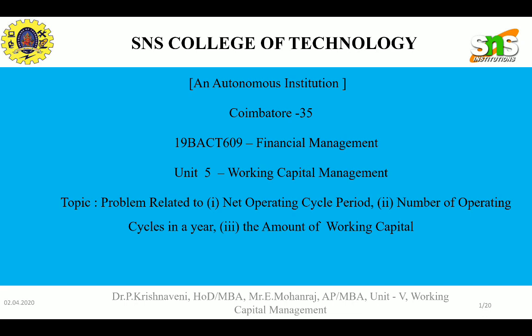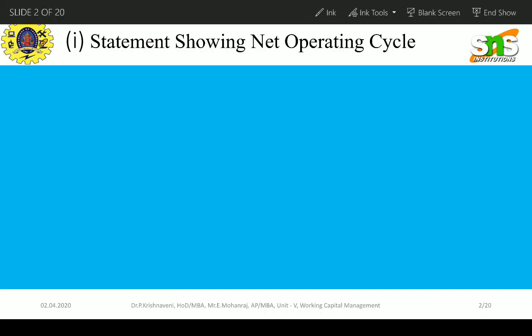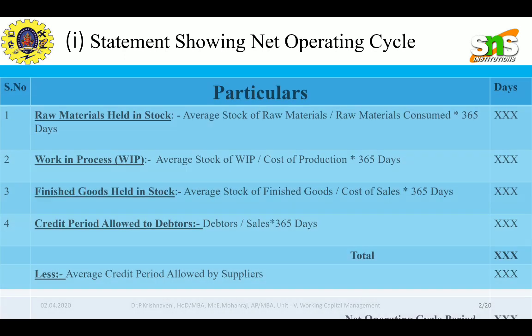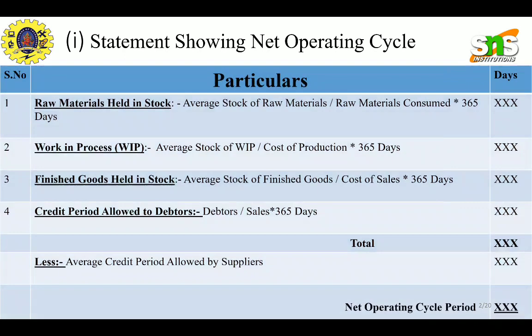We already discussed in problem number 3 how we can find the net operating cycle with the help of the statement showing net operating cycle. This is the thing we already discussed in the previous problem itself.